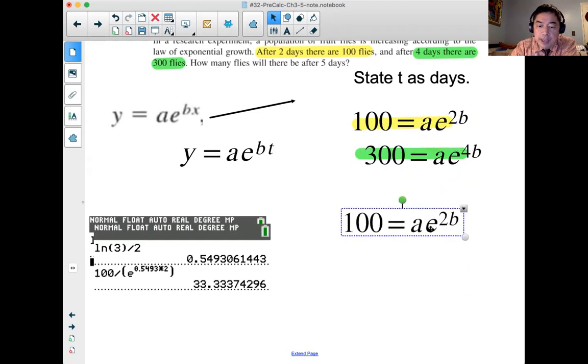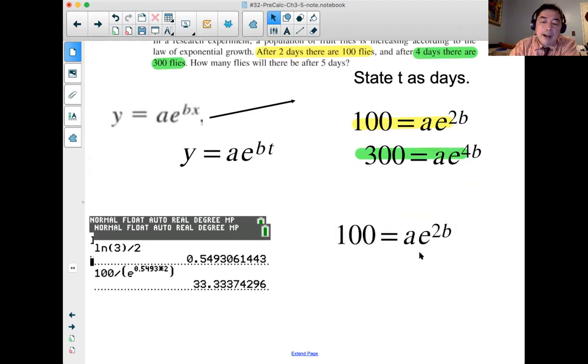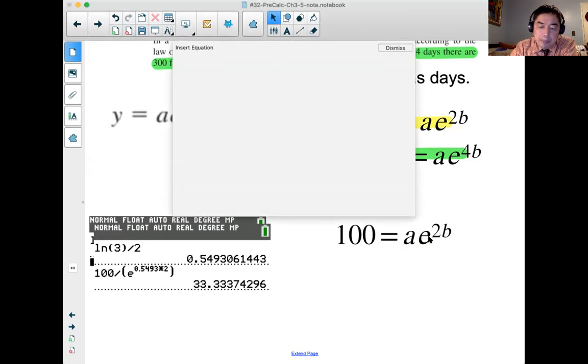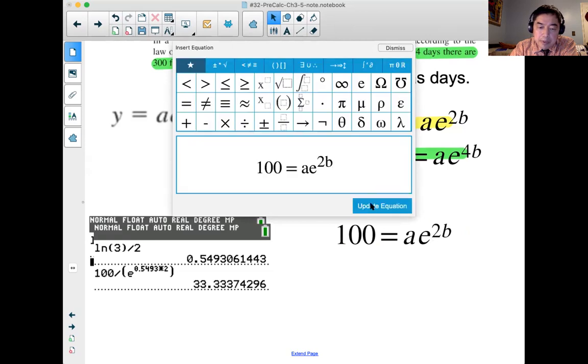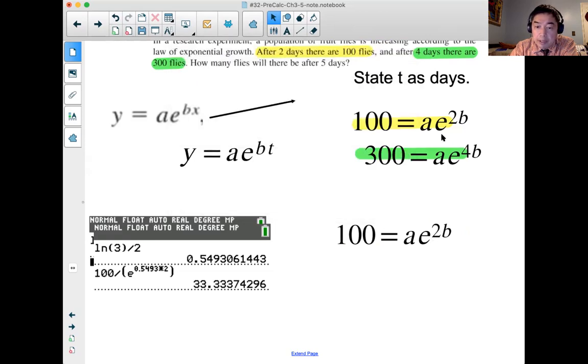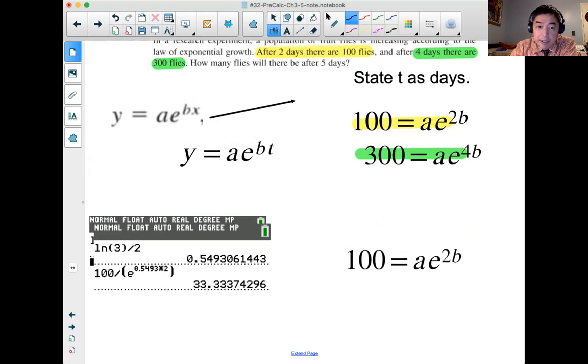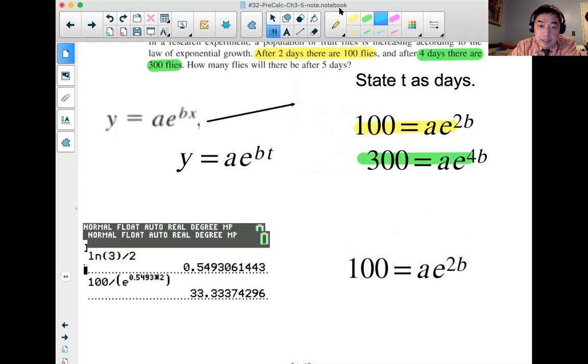To solve for A, we have to divide by e to the second power b. Okay. Let me see, did I copy it? Okay, so I copied this. The yellow highlighter is now moved out here. So this is the same equation here.